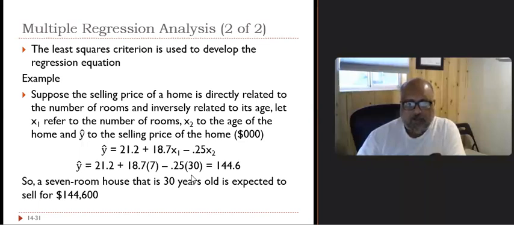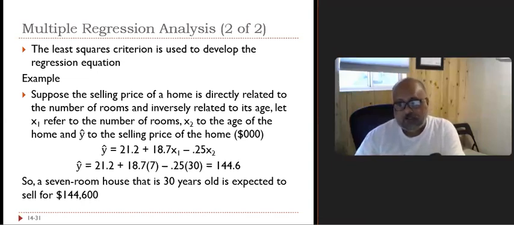In that case, this house is expected to sell for $144,600. So when we have multiple factors to consider, you can also say multi-factor decision making, we can use multiple regression analysis.